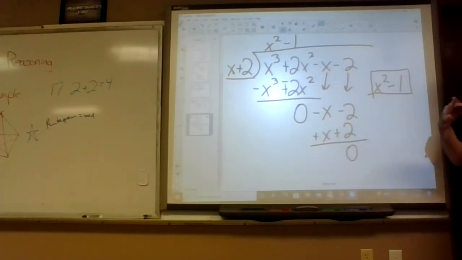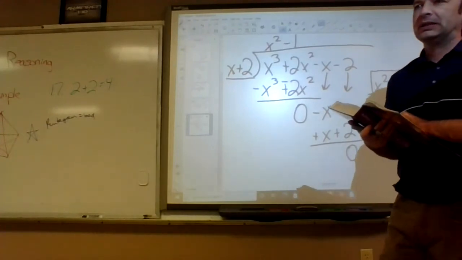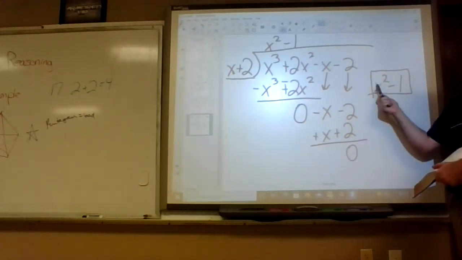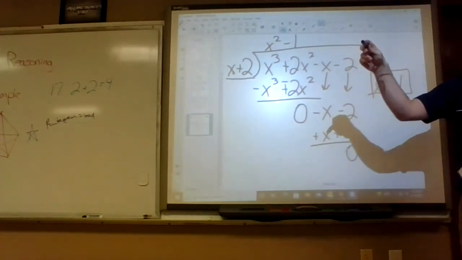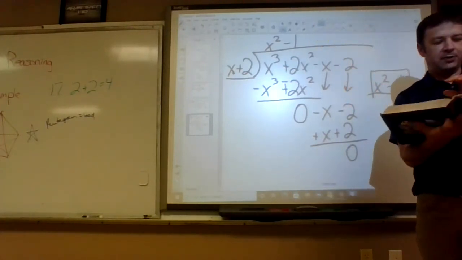Except for, on the original fraction, there's an x value that you can't use. On the original thing, what x value can we not use? Negative 2. So you can plug negative 2 into this guy, but you'll get an answer that doesn't actually exist in the original problem. So there is a little bit of a difference. Negative 2 doesn't work in the original.